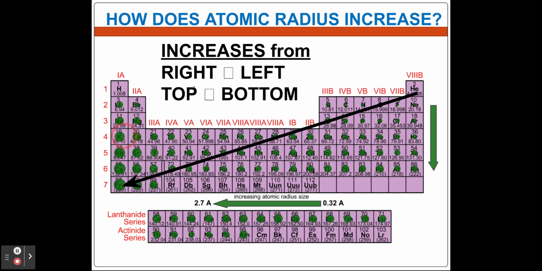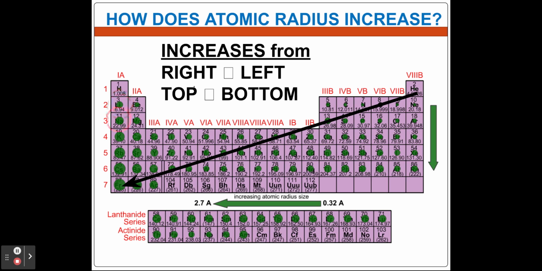So this potassium has four energy levels, or four energy shells, around the central atom, around the nucleus. And if you go down to rubidium, that's in period 5, so it has 5 electron shells, and so on.